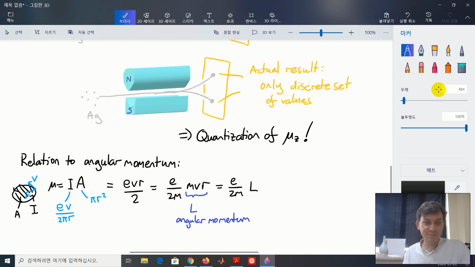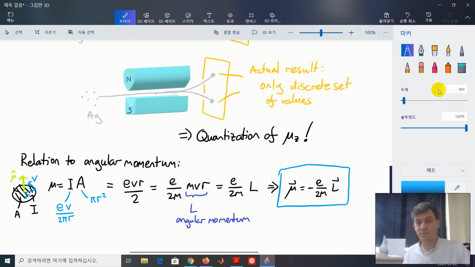And angular momentum is a vector, magnetic moment is a vector, and these two vectors both point in the same direction, which is this way as I've drawn it here. Okay, so we get that mu is equal to, well, in fact there's a minus sign because the charge on the electron is negative, but okay, the vectors point in the same direction.